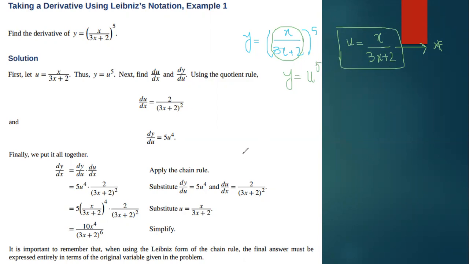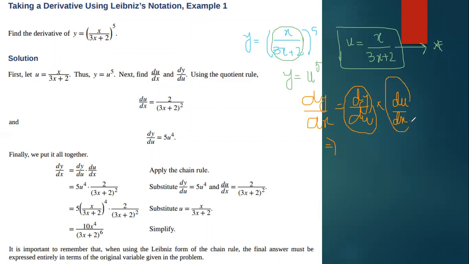ओके, अब इसमें हमने क्या करना है, सबसे पहले dy upon dx जो है मेरे पास, वो होता है dy upon du multiply by du upon dx. ओके, सो इसमें पहला पार्ट कौन सा है, ये वाला dy upon du, ये हम कैसे फाइंड करेंगे, and du upon dx कैसे फाइंड करेंगे. ठीक हो गया. अब देखें मेरे पास जो वैल्यू है u की, मैंने फाइंड करना है d upon dx of y. So my y value is what, u power 5. तो y की वैल्यू कितनी है, u power 5. ठीक हो गया.